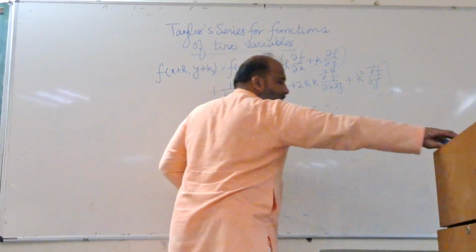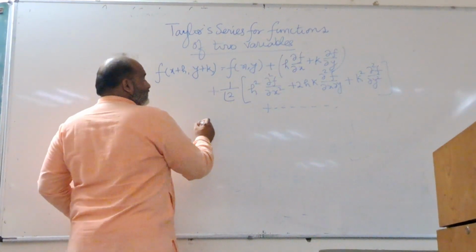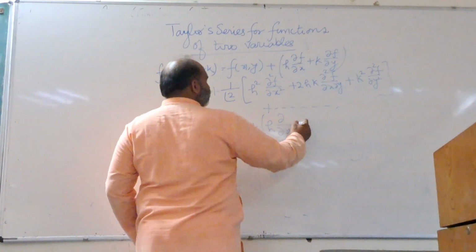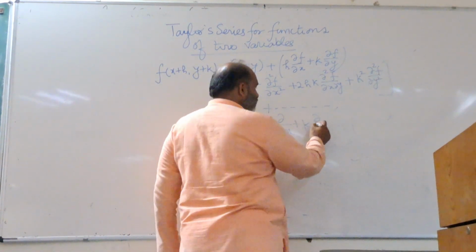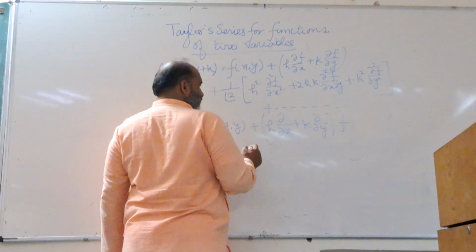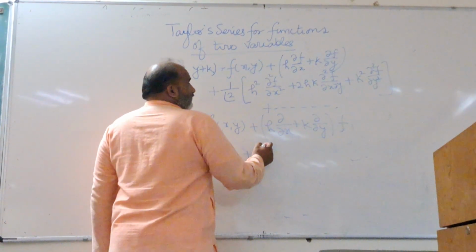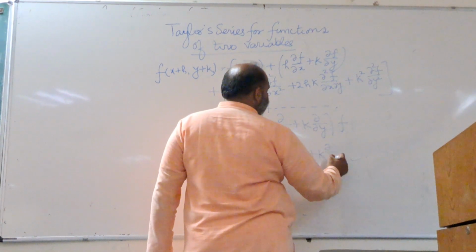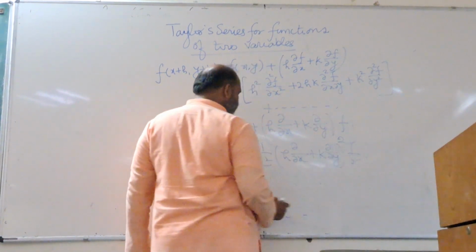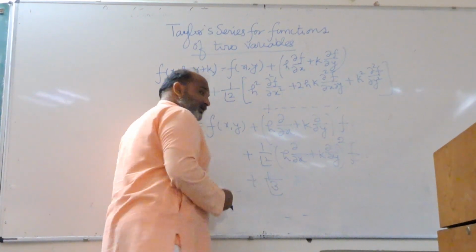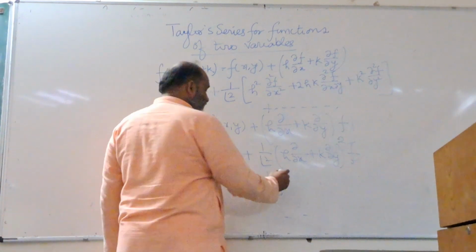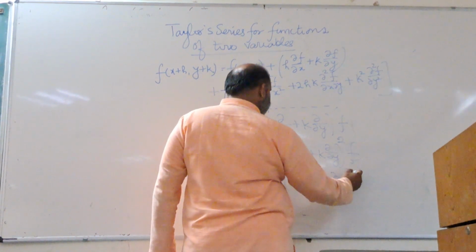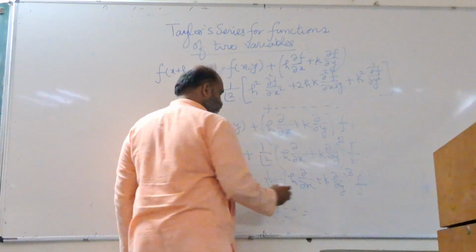So in the operator form, it can be simplified as f(x,y) plus (h ∂/∂x + k ∂/∂y) f plus 1 upon factorial 2 (h ∂/∂x + k ∂/∂y) squared operating over f, and in similar fashion you can write more terms, 1 upon factorial 3 (h ∂/∂x + k ∂/∂y) power 3 of f and so on.